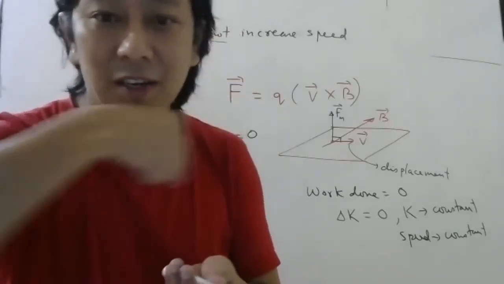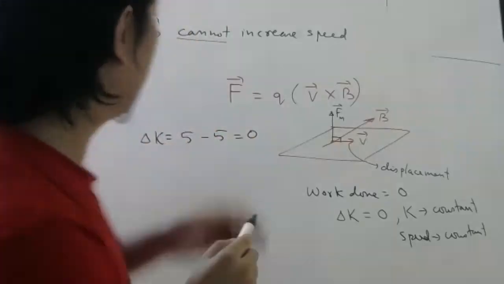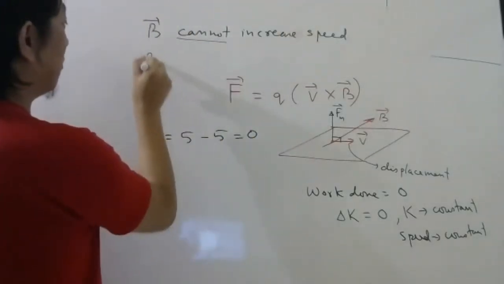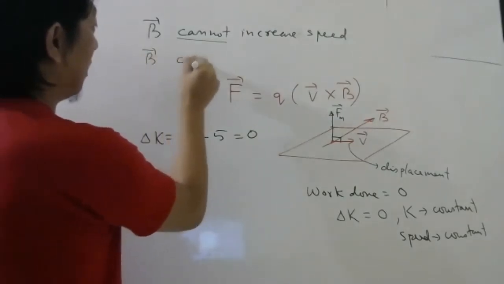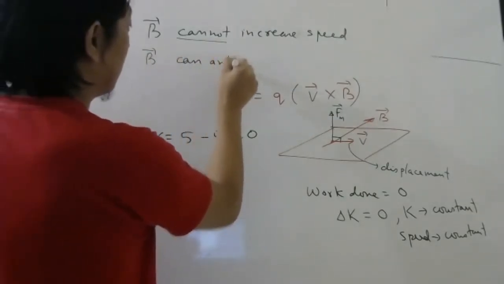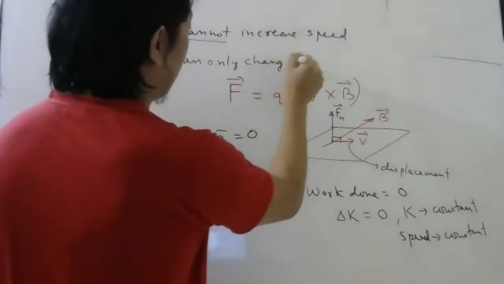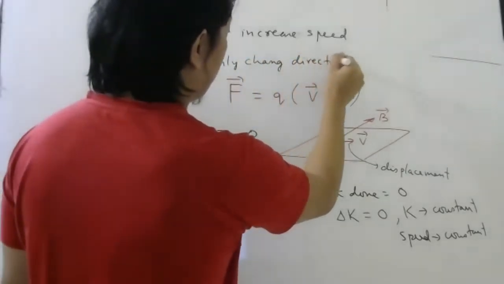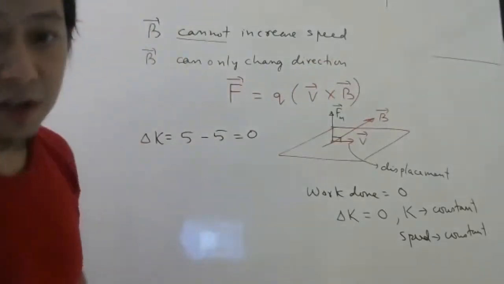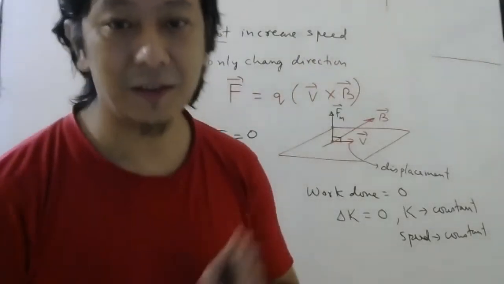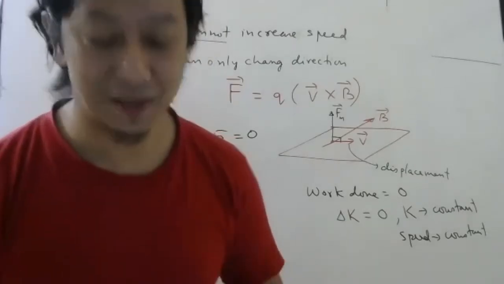So if the speed cannot change, it can only change the direction of motion. It can change the velocity vector, but it cannot change speed.